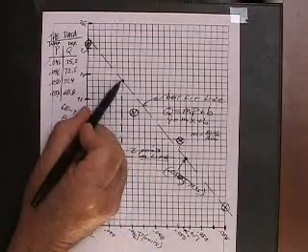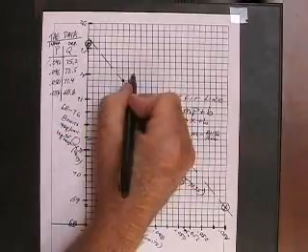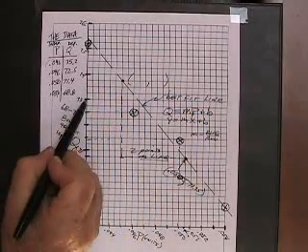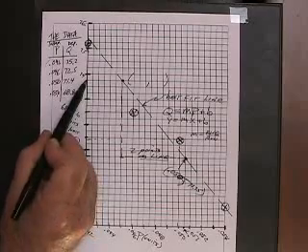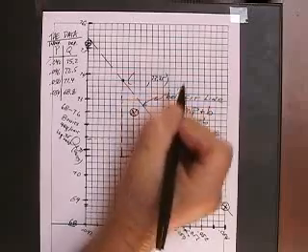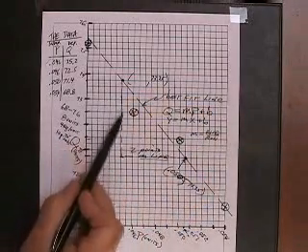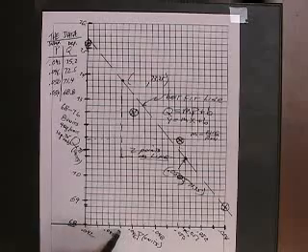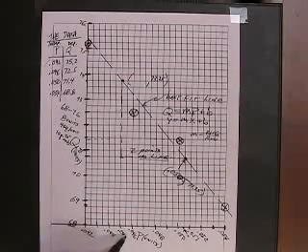My second point that I've decided on has a vertical axis value of 73.75. And if I look down, it's at 0.045.